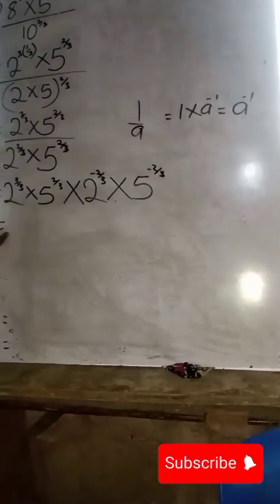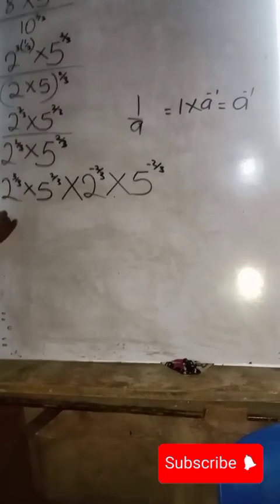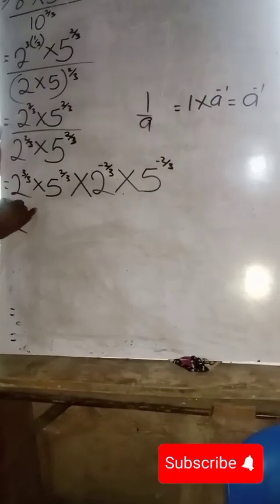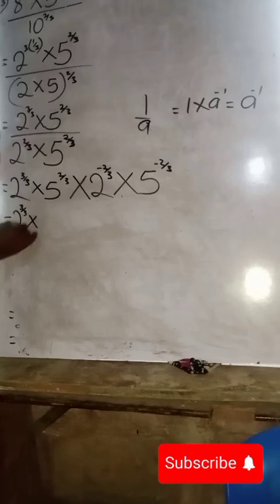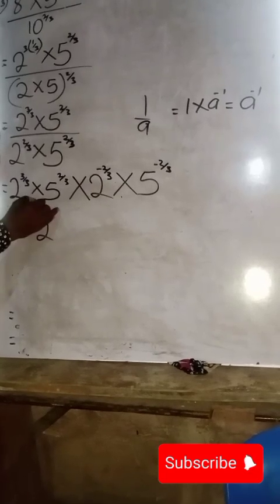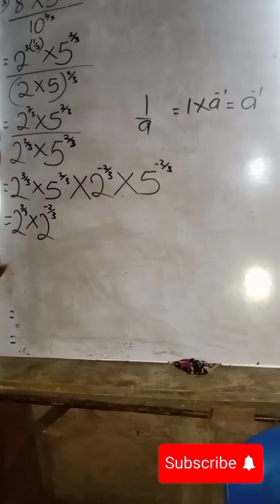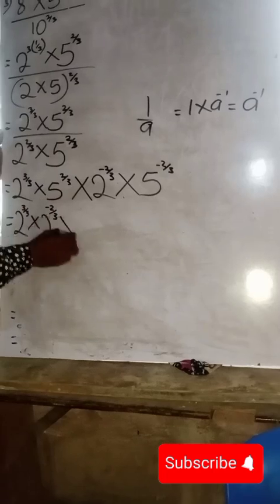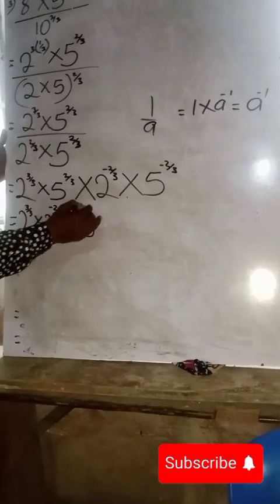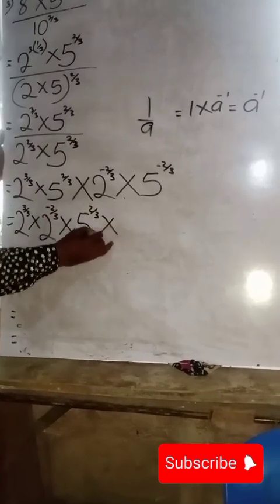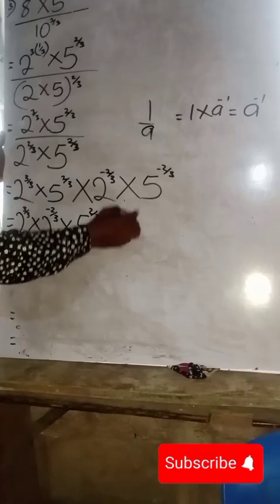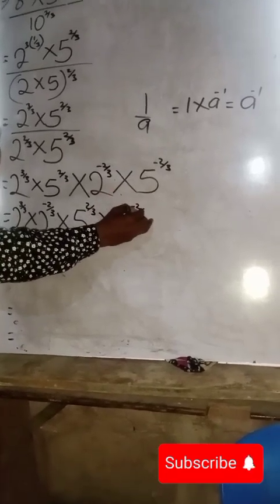So at this point, we begin to factor and pick out our values. We have 2 raised to the power 3/3 times 2 raised to the power of minus 2/3. Then we have the 5, which is 5 raised to the power 2/3 times 5 raised to the power minus 2/3.